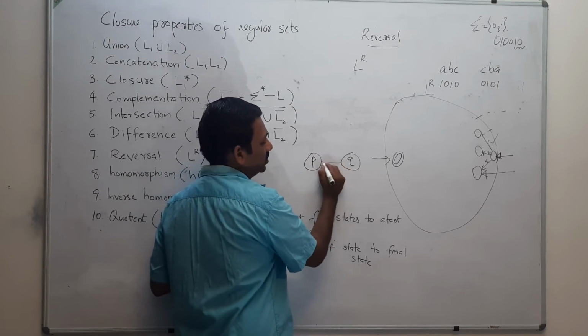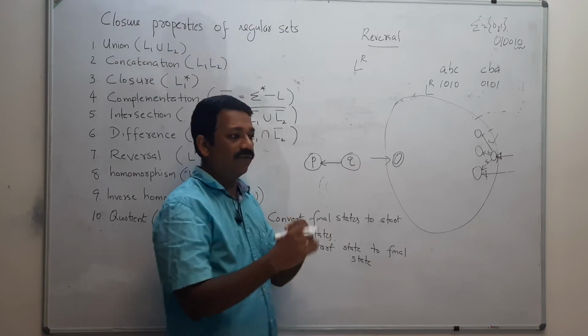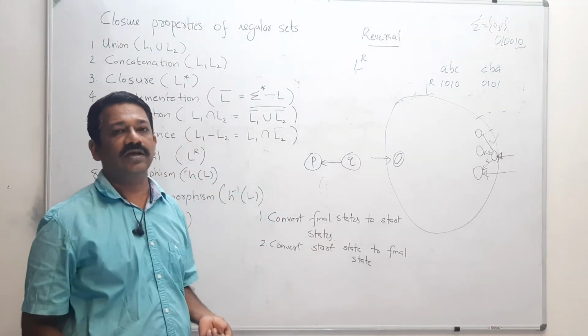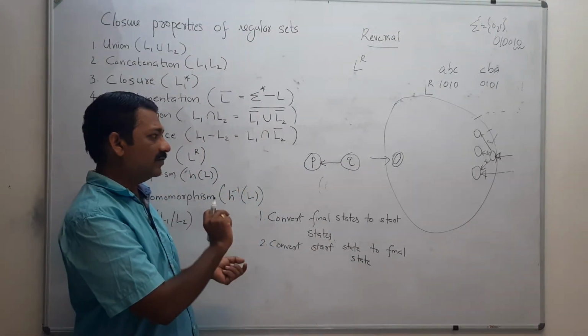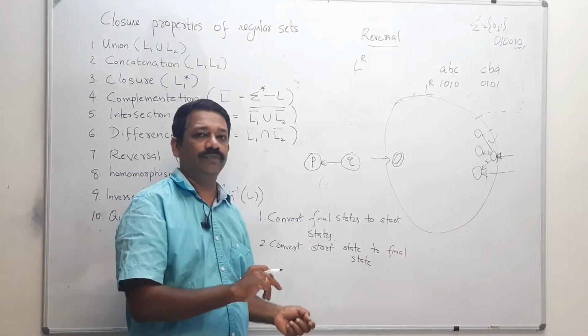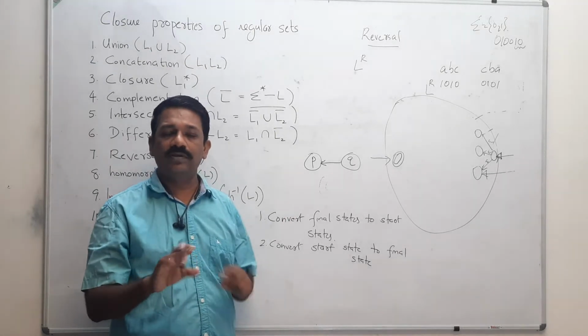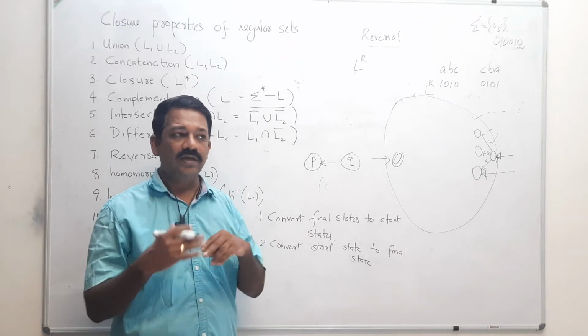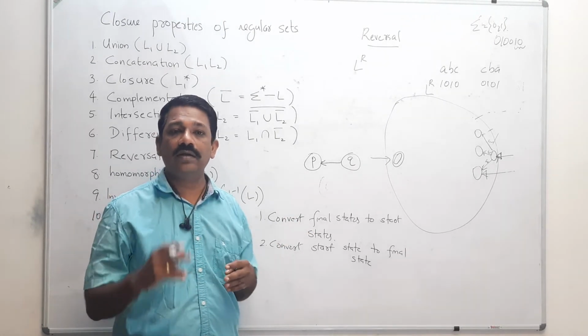Now you have to set it as Q to P. That means every arrow has to be reversed. If there is a transition from P to Q, you have to change it to Q to P. If you have self loops, there is no change. There is no need to alter a self loop.